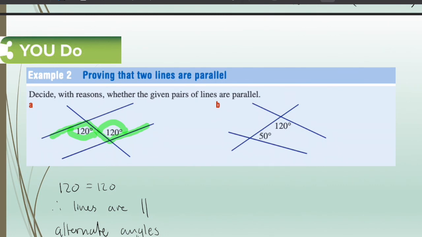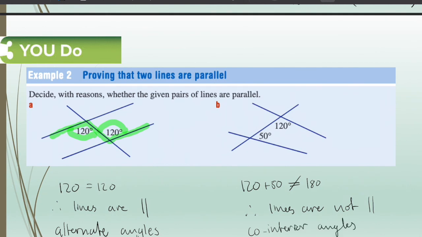But if we come over here and we look at these, 120 plus 50 does not equal 180. Therefore, the lines are not parallel because co-interior angles do not add to 180.